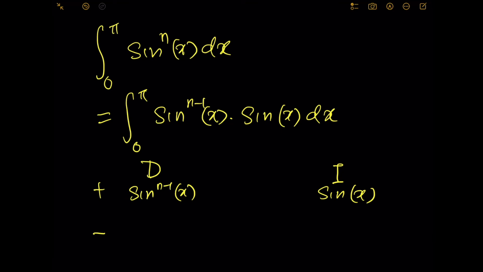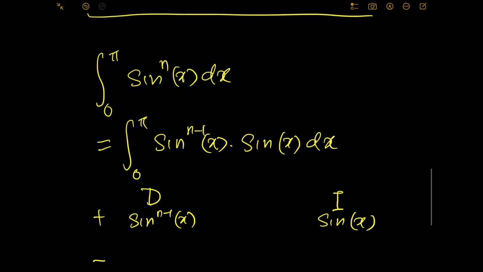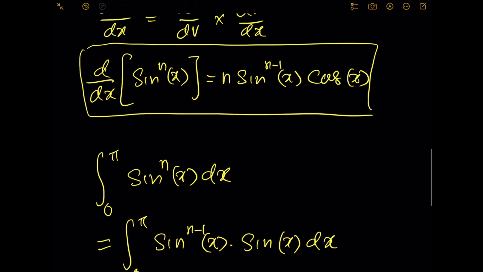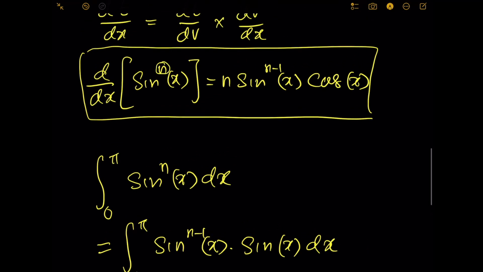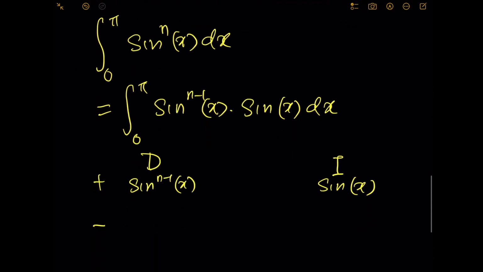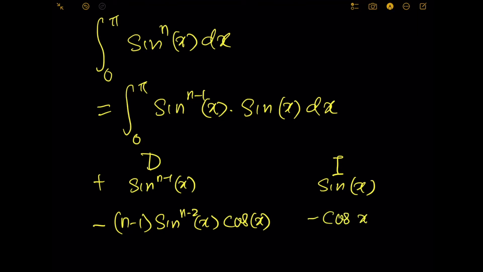To get the derivative of sine n minus 1x, we can refer to here. The only thing different is we need to shift the n to become n minus 1 and n minus 1 to become n minus 2. So here you will have n minus 1 multiply sine power n minus 2x multiplies cos x. Meanwhile, integral of sine x is actually negative cos x.